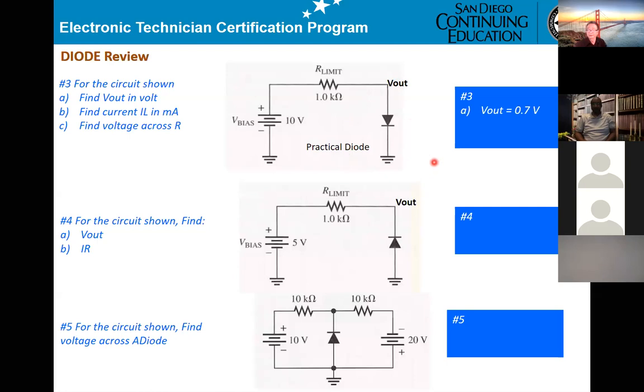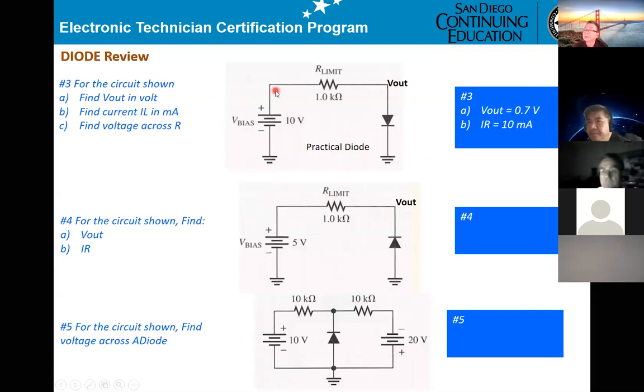How many amps? 9.3. Basically it is supposed to be 10 volt minus 0.7, and that's here.